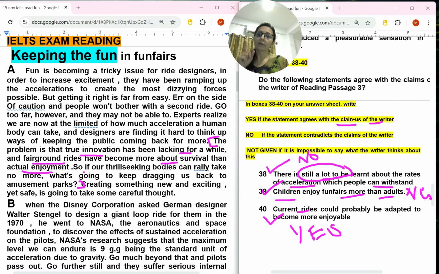So if our thrill-seeking bodies can really take no more, what's going to keep dragging us back to amusement parks? So they are asking questions. Creating something new and exciting, yet safe, is going to take some careful thought. For that, it is yes. That's why it is yes.